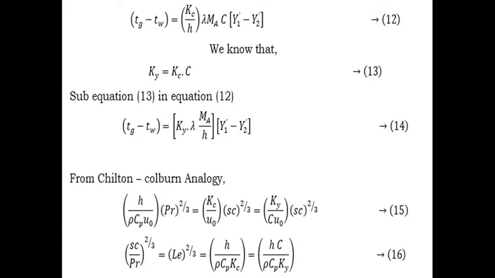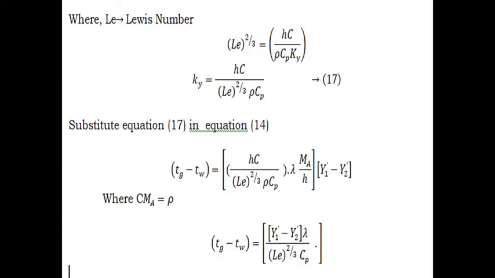This is the 16th expression, where Le is the Lewis number, and Le power 2 by 3 is equal to Schmidt by Prandtl power 2 by 3. From the final expression hc by rho cp into Ky, Ky is equal to hc by Lewis power 2 by 3 rho cp. This is the 17th expression.